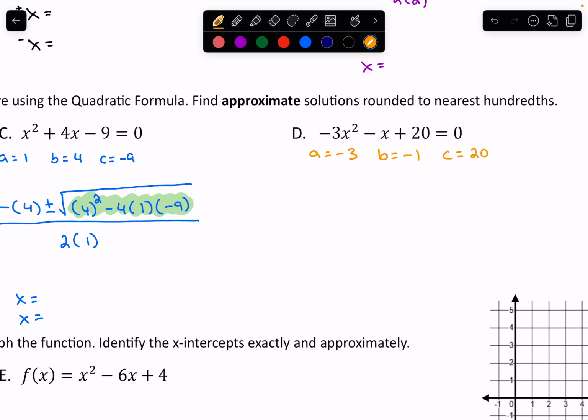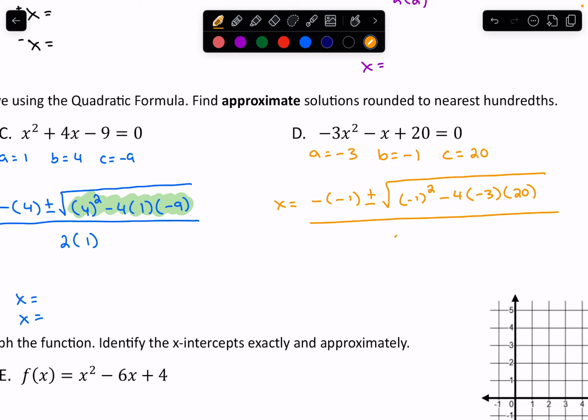So when I plug in to the quadratic formula, I get negative parenthesis -1 plus or minus square root -1 squared minus 4 times -3 times 20, all divided by 2 times -3. You type that in your calculator twice, once with the plus, once with the minus, and you get 2 answers for x.